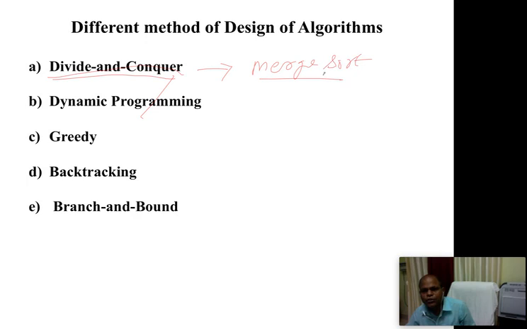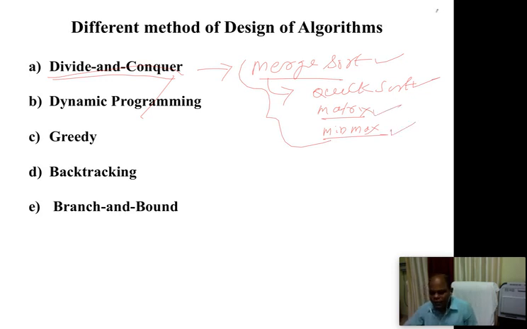Other algorithms using divide and conquer will also be discussed: quick sort, and also matrix multiplication, one matrix multiplication algorithm, and the min-max problem. These four algorithms, for the time being, we will discuss, which are designed with the help of the divide and conquer approach.